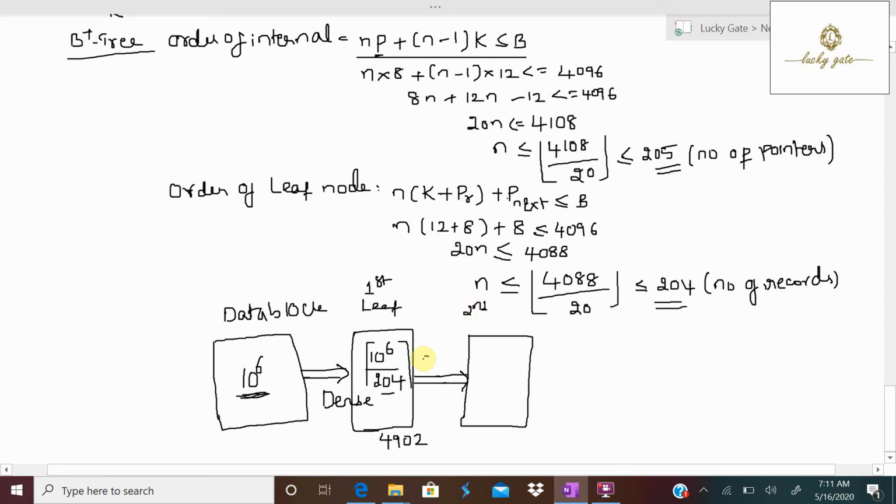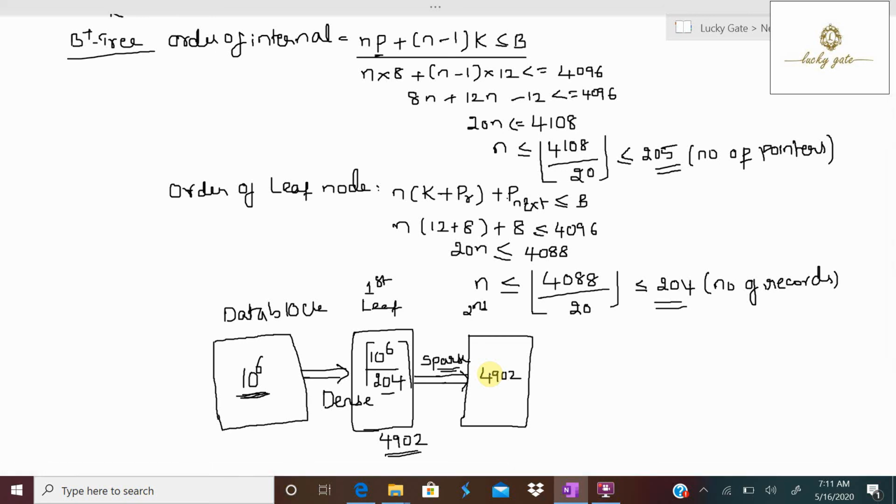The second level index is going to use a sparse index, which means it requires creating index records only for some key values. In a sparse index, the number of index records equals the number of blocks. In the first level, we have 4902 blocks. It means in the second level, you have to create 4902 records.